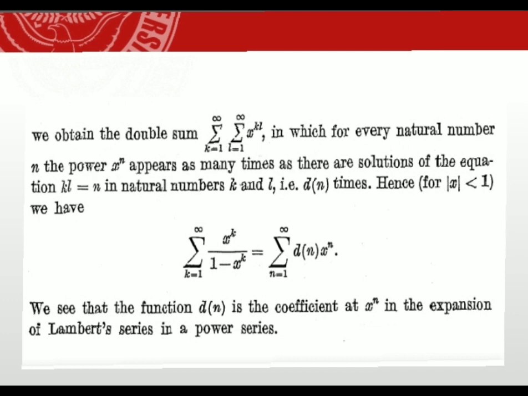Hence, for x less than 1, we have the summation with the upper limit of infinity with the lower limit of k equals 1 of x raised to k over 1 minus x raised to k, equal to the summation with the upper limit of infinity with the lower limit of n equals 1 of d of n times x raised to n. We see that the function d of n is the coefficient of x raised to n in the expansion of the Lambert series in a power series.